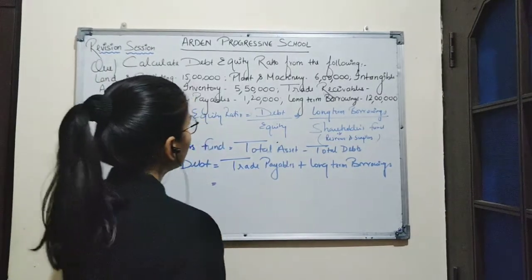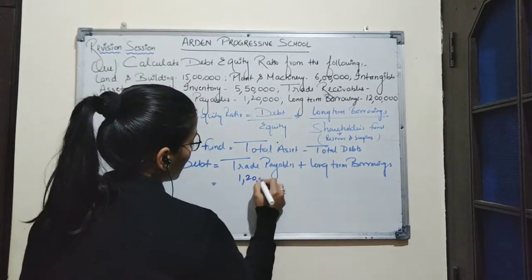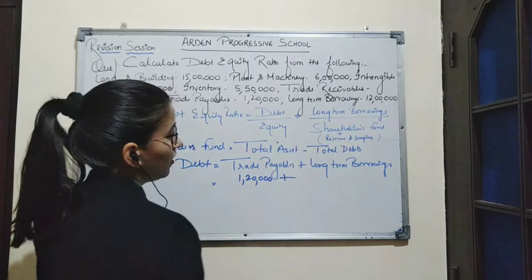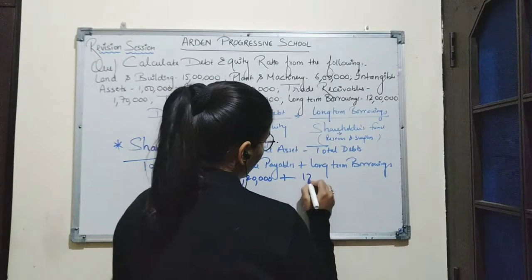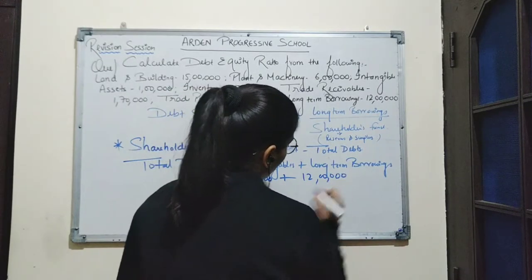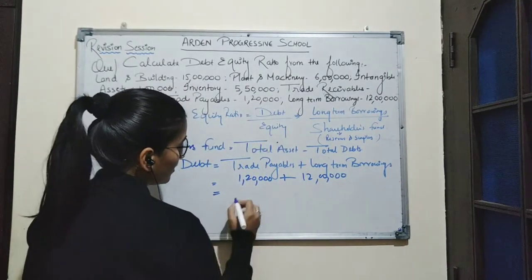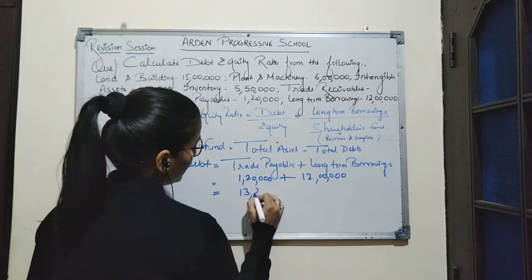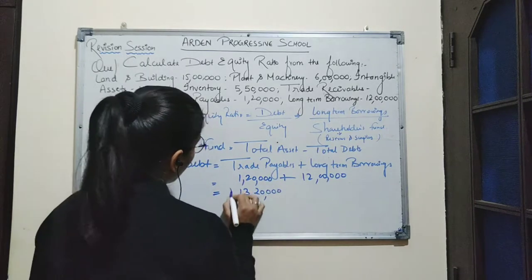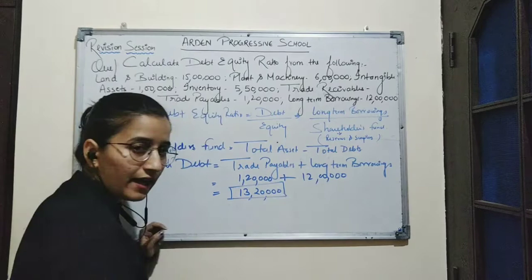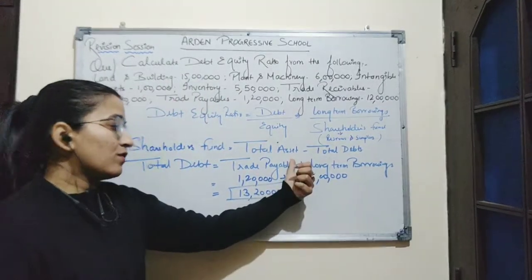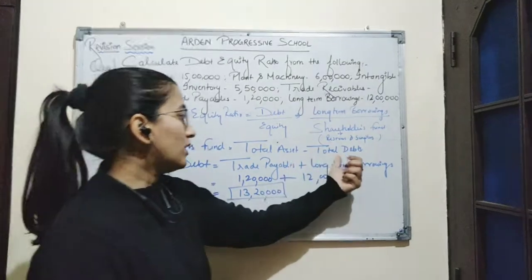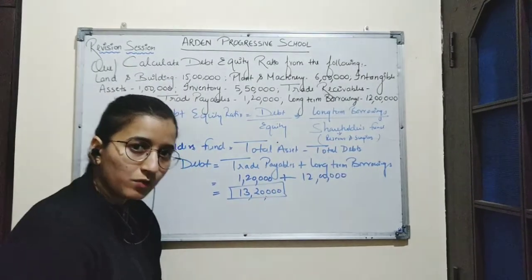Amount of trade payable is rupees 1,20,000 and long term borrowing is amounted to rupees 12 lakh. So by adding these, we get the amount 13,20,000 as total debt. Now we have calculated the amount of total asset, which was 29,20,000. Total debt amounted to rupees 13,20,000.